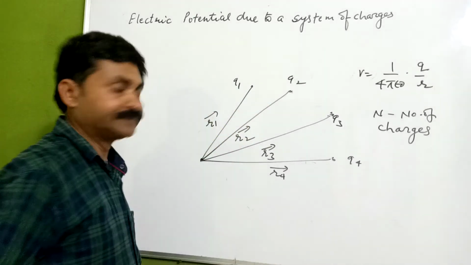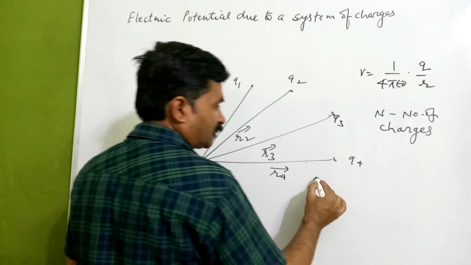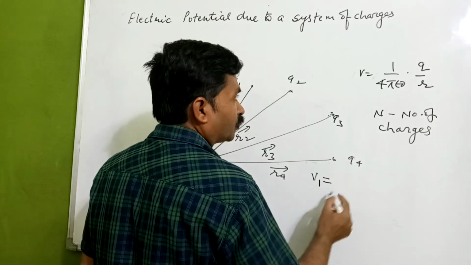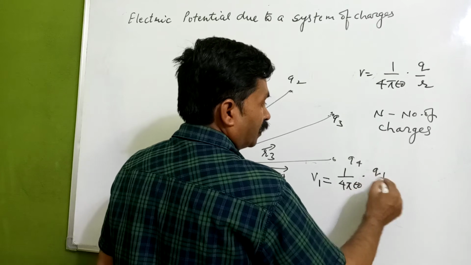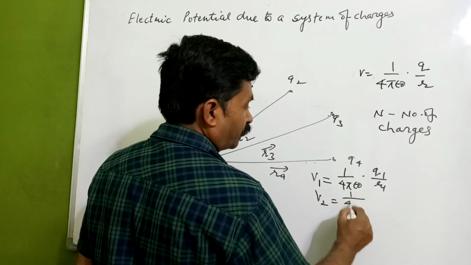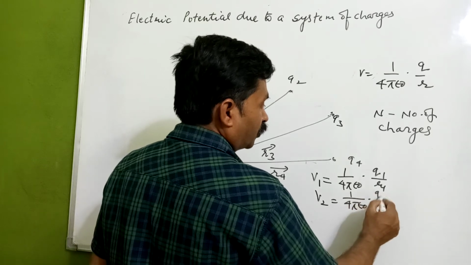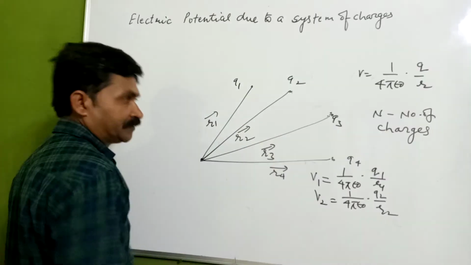Because of this charge we have some electric potential, say V1, which is 1 upon 4 pi epsilon naught Q1 upon R1. V2 is equal to 1 upon 4 pi epsilon naught into Q2 upon R2. The distances we have taken are R1, R2, R3.